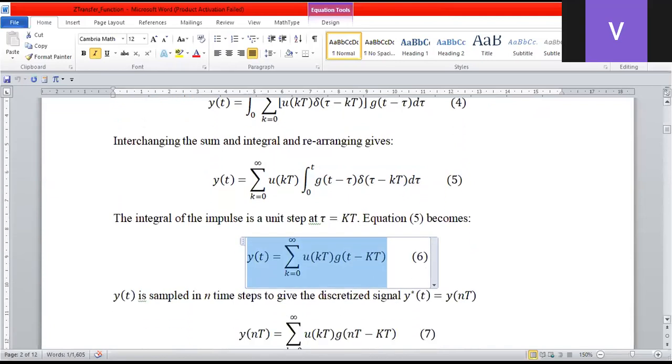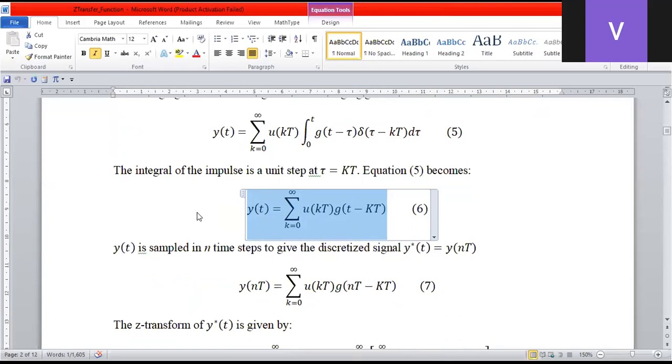Now, before we sampled the input u of t in k time steps, now we're going to sample the output in n time steps. Instead of y of t, we replace it with the sampled form. Since we are sampling in n time steps, t is equal to nT.